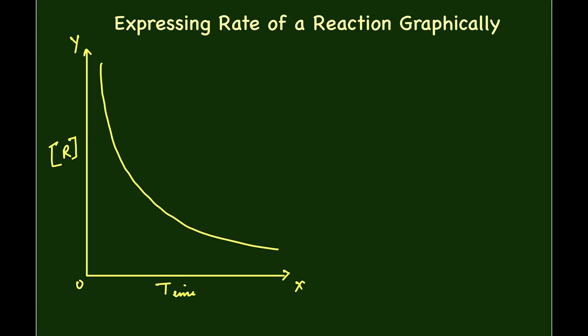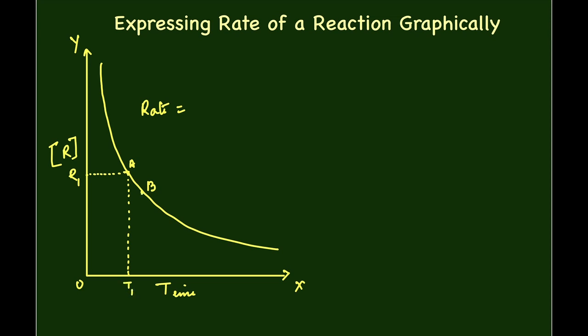So for reactants versus time, the graph has a negative slope. And how do we calculate the rate of a reaction using this graph? For that, we have to take two points on this graph. Say this is point A and this is point B. If you draw perpendiculars on the x and y axes, for A you get R1 and time T1.